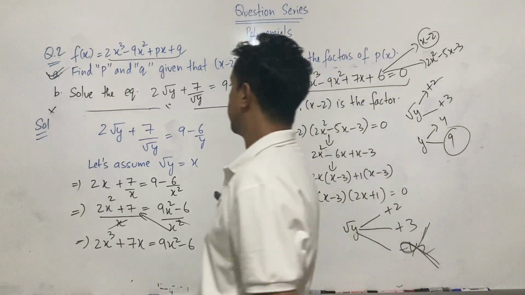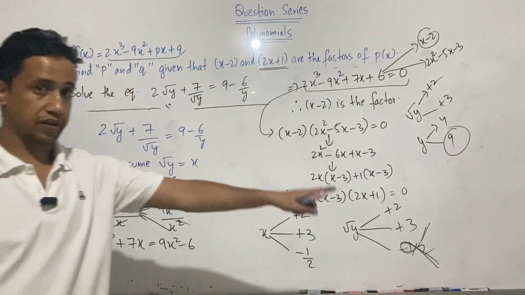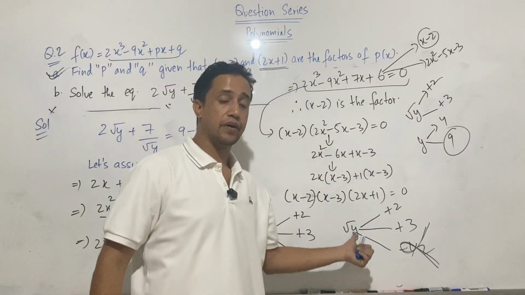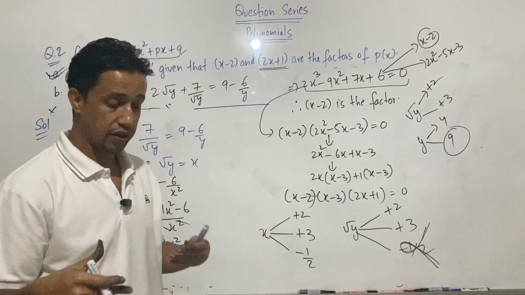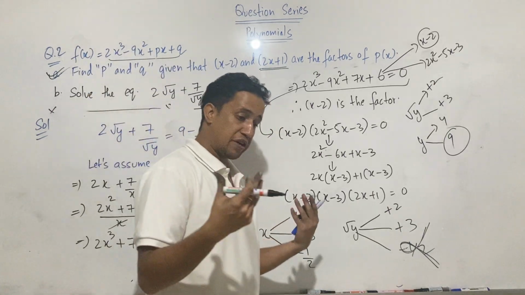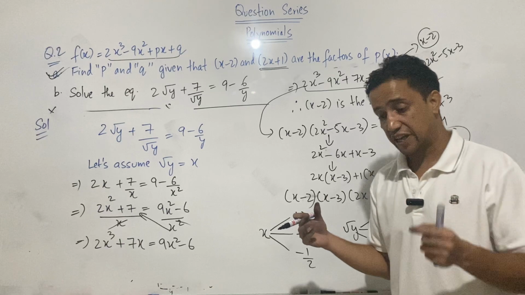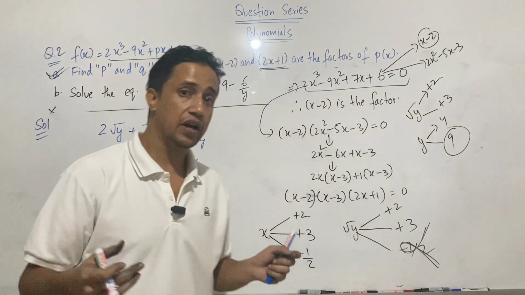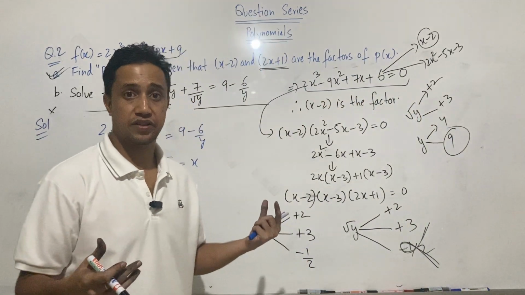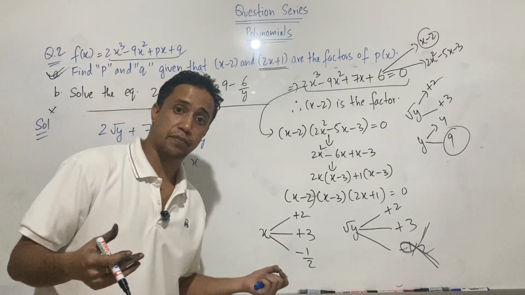I hope you understand it. Remember, when you have a square root and the value that the function returns is negative, then you have to rule out that possibility, because it has to return the positive value.